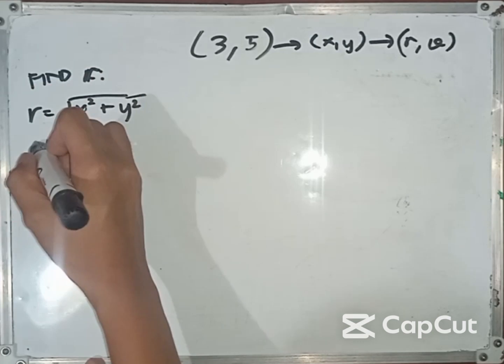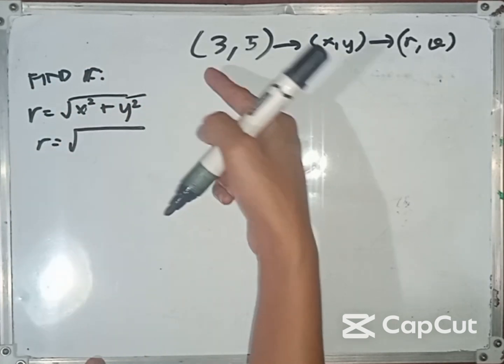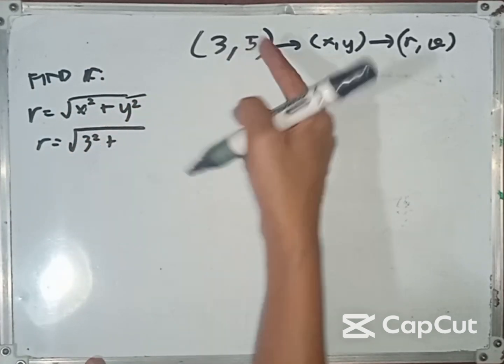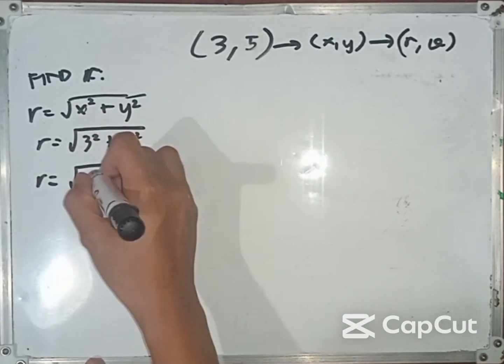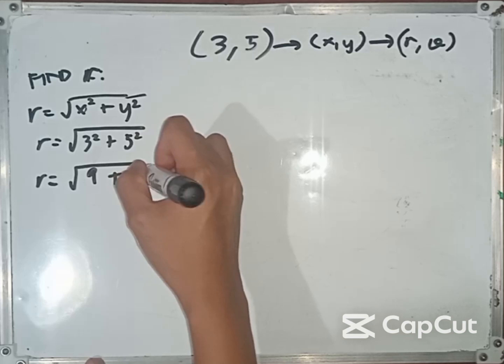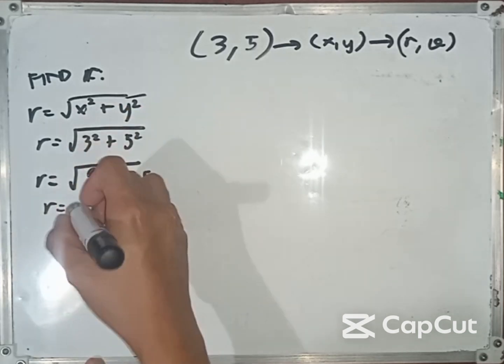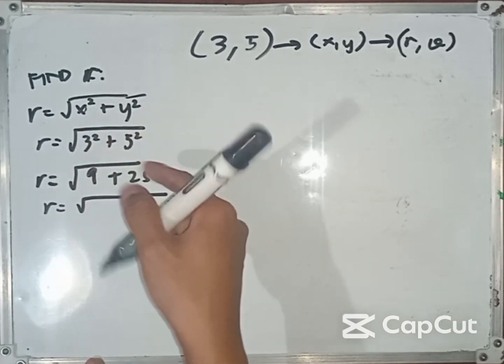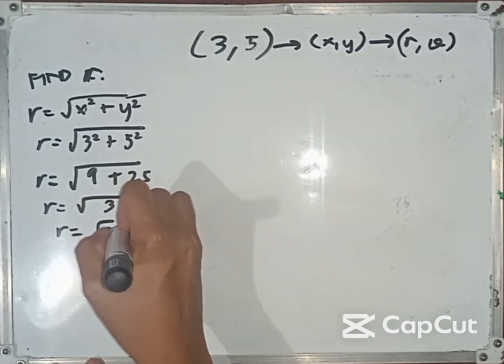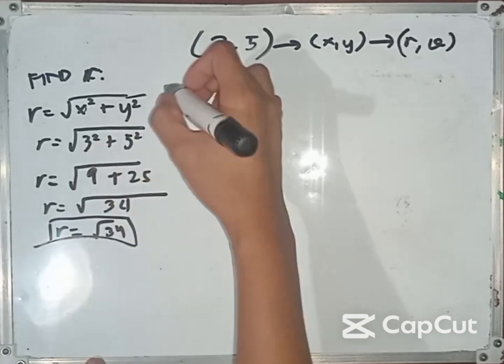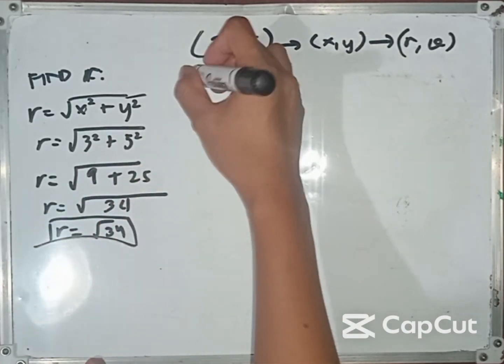So r is equal to x is 3 squared plus y squared, that is 5 squared. r is equal to the square root of 9 plus 25. That is the square root of 34. And yes, r is equal to the square root of 34.